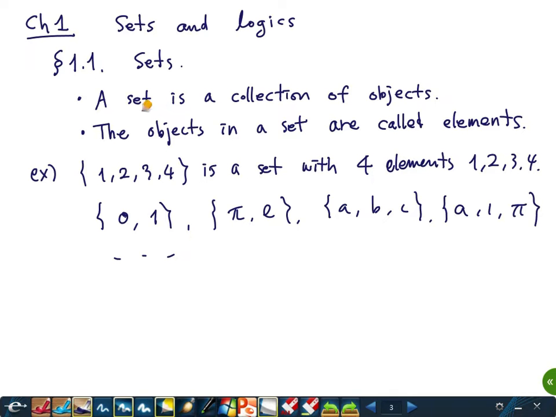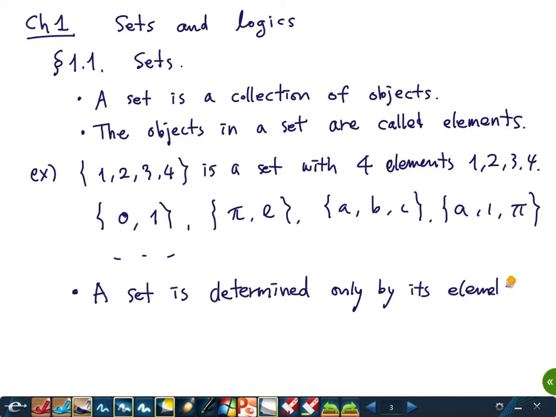And a common convention for sets is that a set is determined only by its elements. What does that mean? We only care whether this is an element of this set or not.